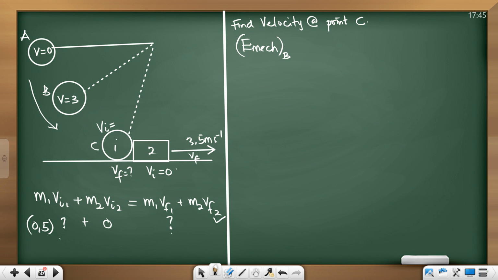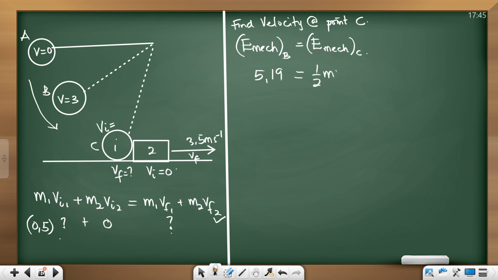Do you remember? Because it's an isolated system, that should be equal to E mech at point C.